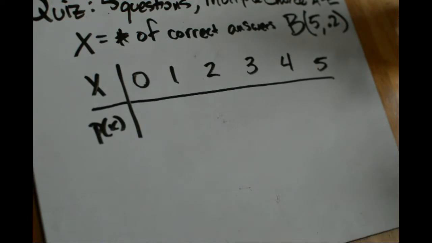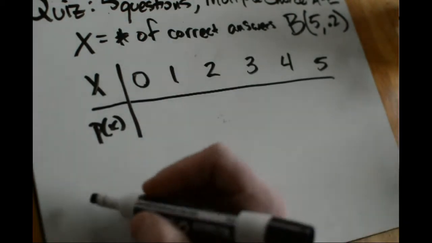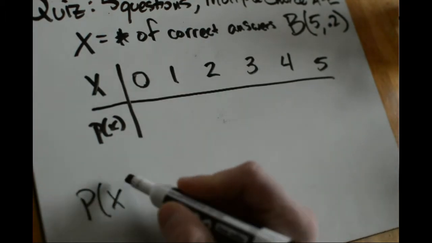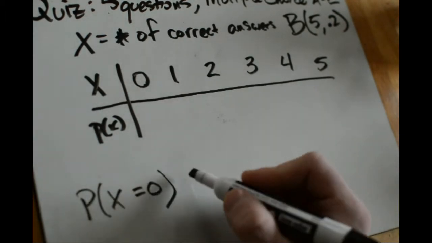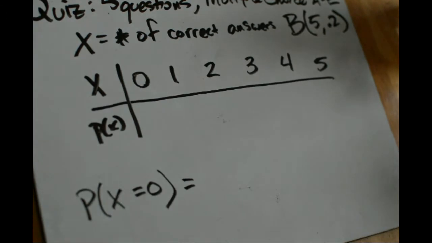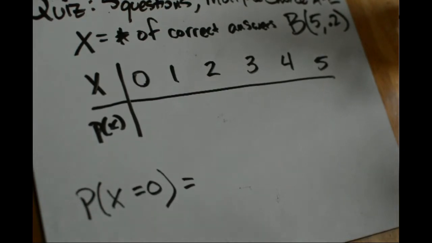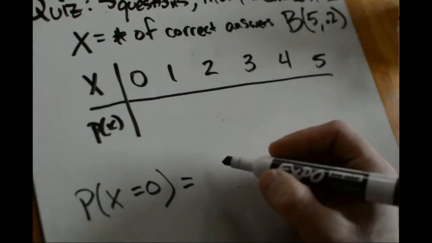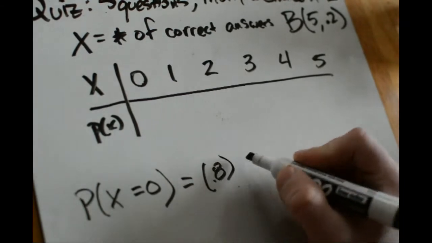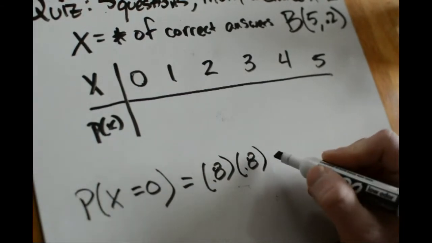So the next thing I want to think about is how do we calculate what these probabilities are? The first thing to think about: what's the probability that x is equal to 0, that you don't get any right? Well, knowing that these are independent, that would mean that you got every single question wrong, and because they're independent, we can multiply those probabilities together. So the first question is 0.8 to get that wrong, 0.8 to get that wrong.